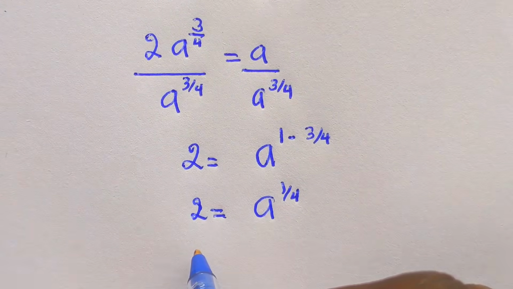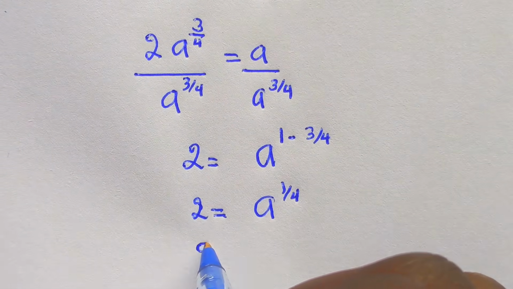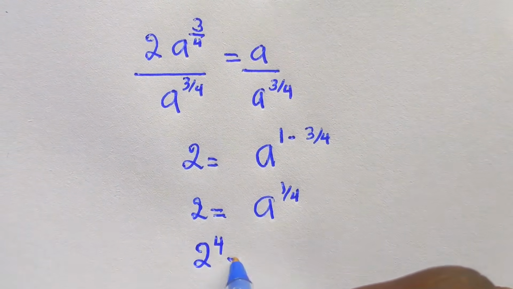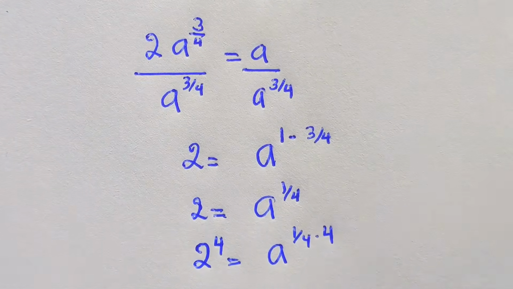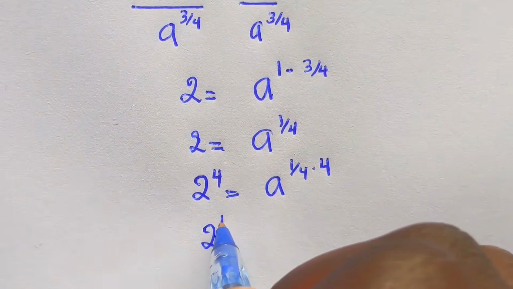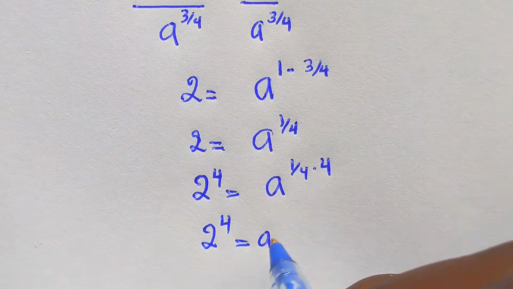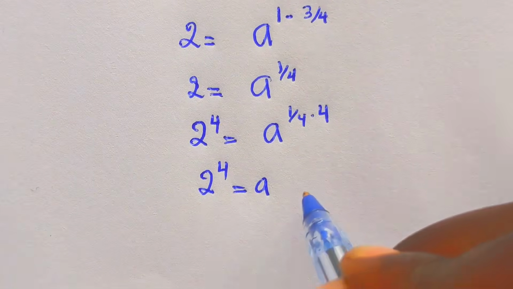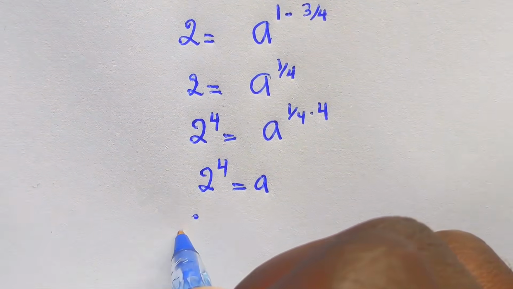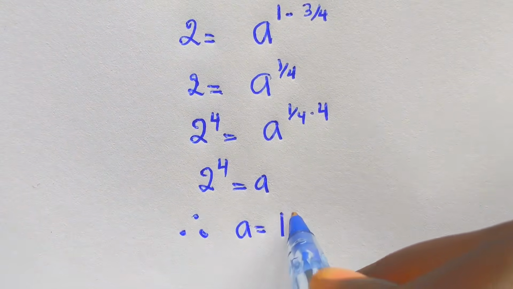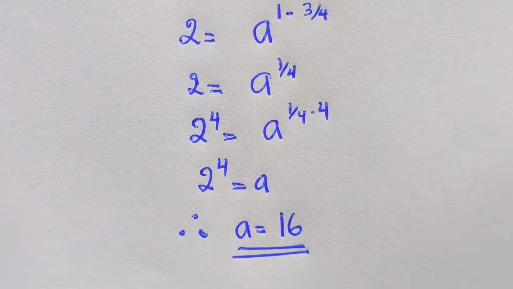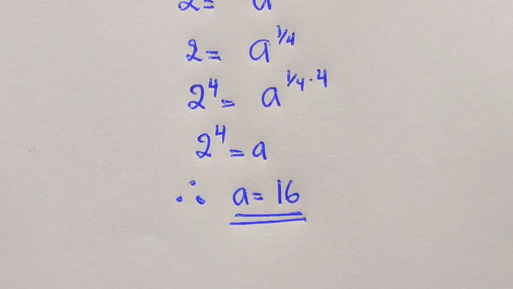On both sides we can raise to the power 4: 2 power 4 equals a power 1 over 4 times 4, so 2 power 4 equals a, therefore a will be 16. And this is the first method.